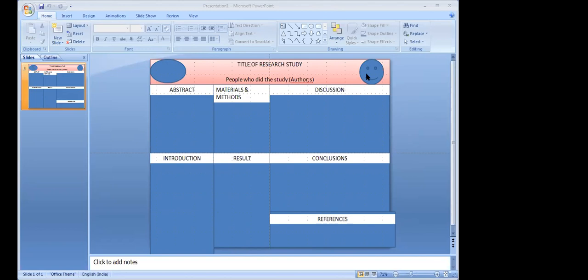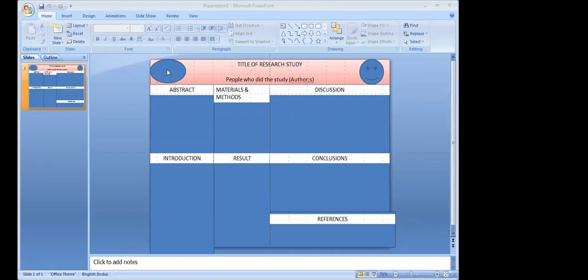That will be your research title. What do those figures denote? If we talk about an institute, they will have a logo, so you need to put that logo here.